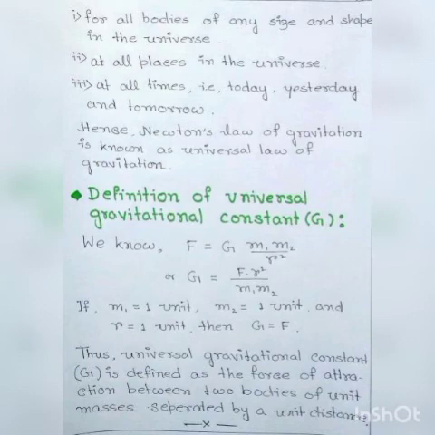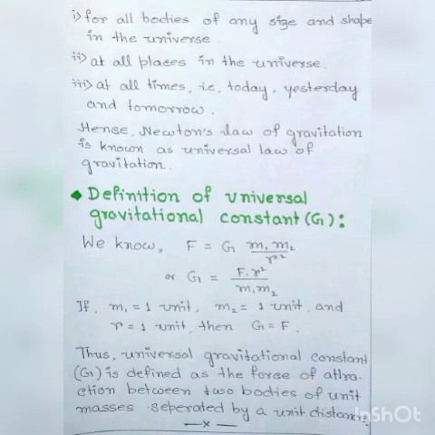Now if we consider m1 is equal to 1 unit, m2 is also equal to 1 unit, and the distance between them r is also 1 unit, then just substitute the values of m1, m2 and r. We will get G is equal to F.